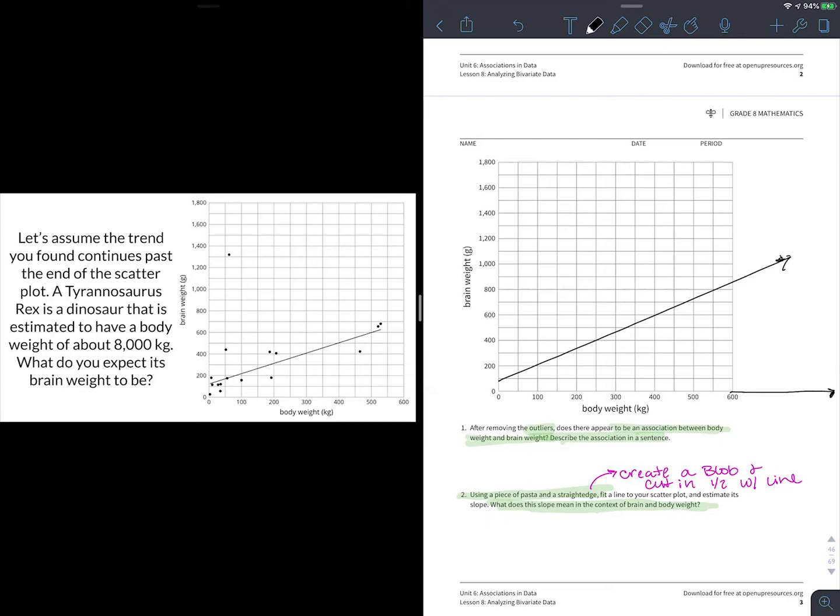So you want to start thinking about using that line for that prediction piece. And so maybe we start to think about what the slope of that line is. Maybe creating some slope triangles, thinking about what that rate of change is, maybe estimating that this is 100, that maybe it's changing as the body weight increases by 1.